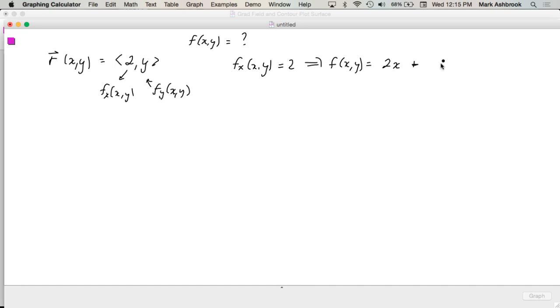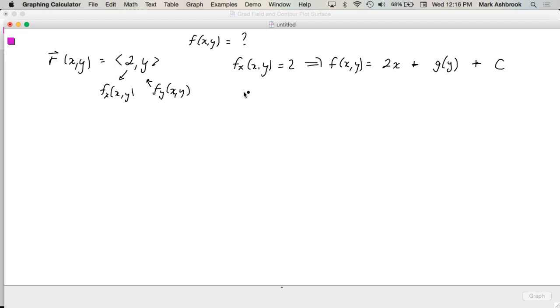So we'll say g of y, and then we could also have a constant. If the partial derivative with respect to x is 2, the original function has to be of this form. The c could be 0 and the g of y could be 0, but this is the form of what the original function has to look like.